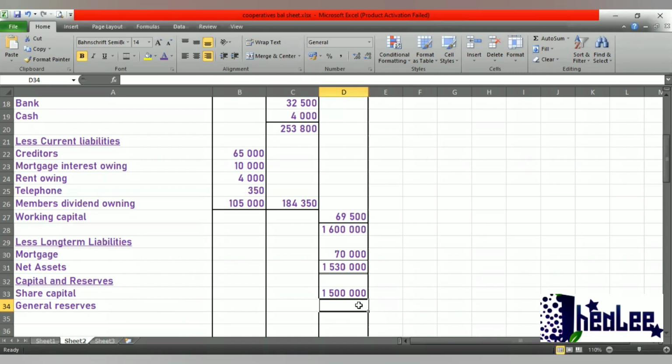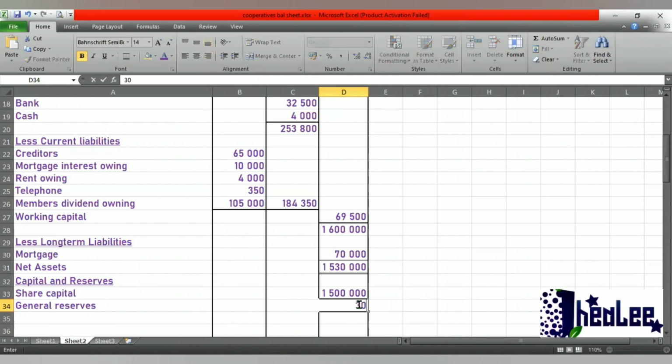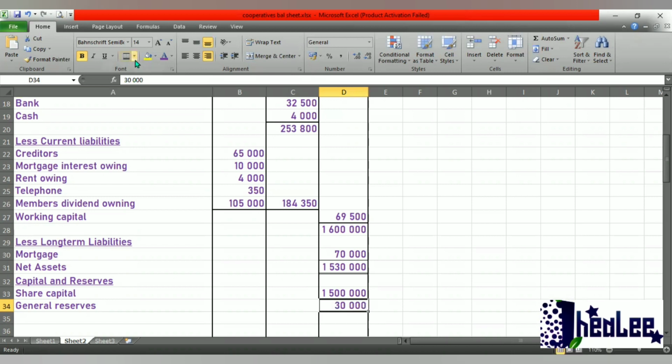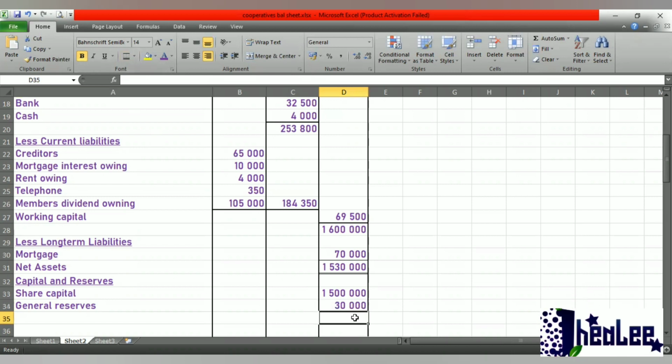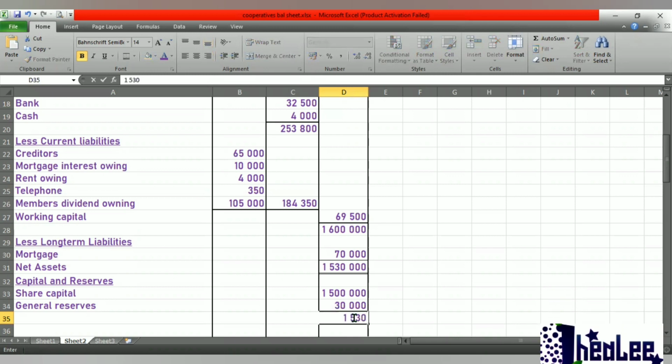So our general reserve based on the question is $30,000, and when we add that 30,000 to the share capital, we have a value of $1,530,000.